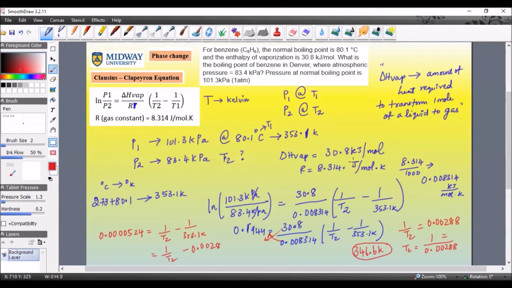This is how you tackle a Clausius-Clapeyron equation. I walked through this problem very clearly, so please make sure to rewatch this video to see how I solved this problem. I have only one more video on this topic of intermolecular forces, so stay tuned.